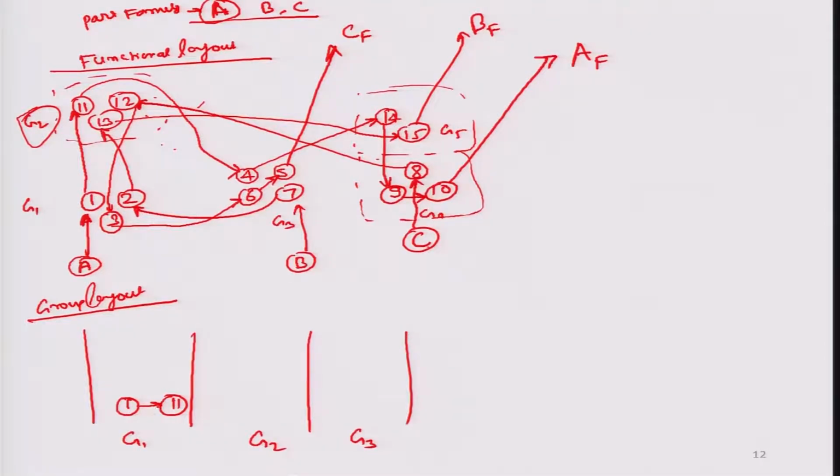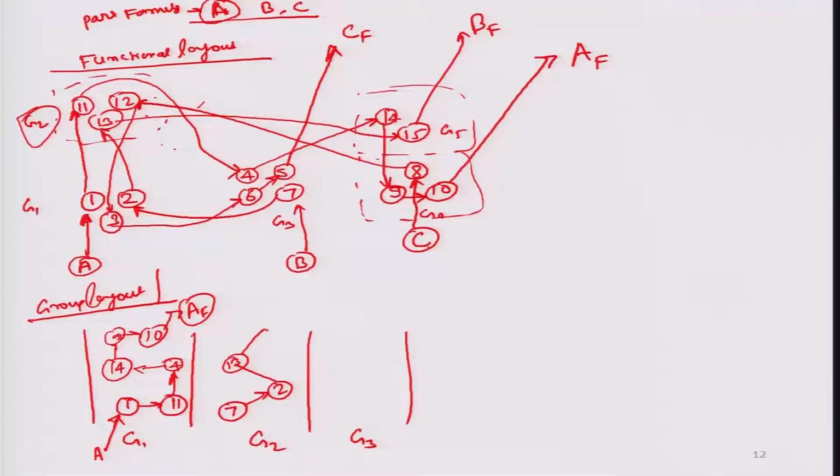So for A: 1 to 11, 11 to 4, 4 to 14, 14 to 9, 9 to 10. A will enter at 1 and it will exit at 10 as the final product. Similarly, part family B will enter at 7, then move to 2, then to 13, then to 15, and come out as a final product.